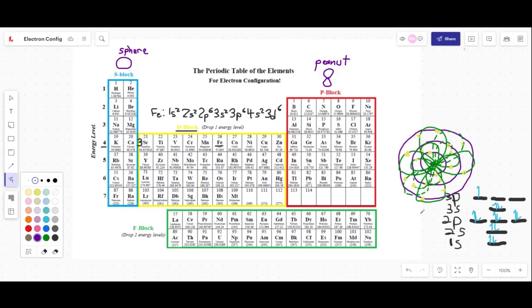Well, after the 3p6, I have a choice. After the 3p6, I have a choice. I could either go to the 4d or the 4s, basically just kind of go around it, or I'll choose a different color, light blue, or I could do this complex pathway in the 3rd energy level.